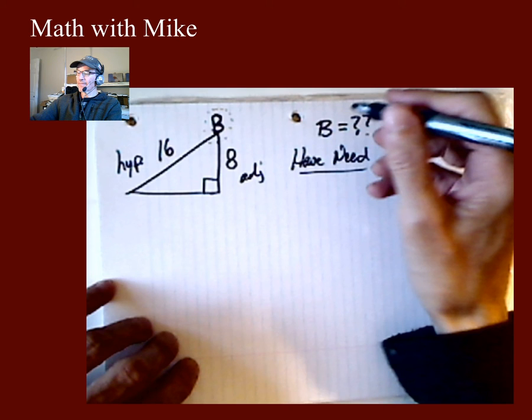Notice, I probably should have put angle in there. Adjacent over hypotenuse. Just copying that.